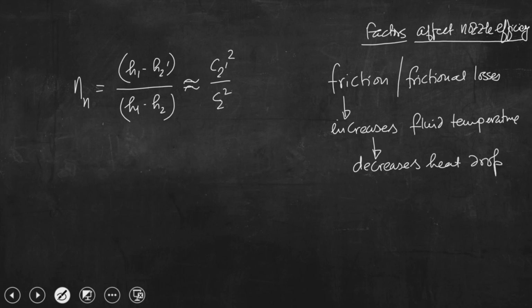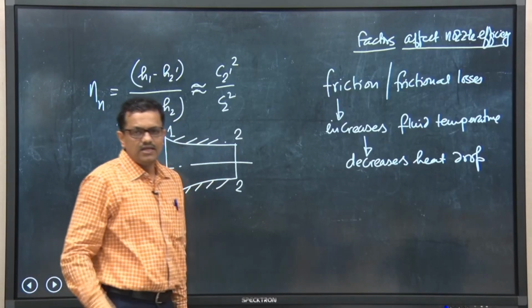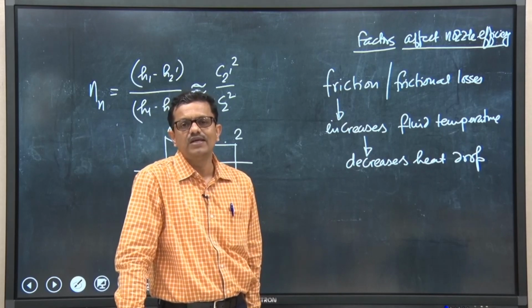This is quite trivial. If the temperature of the fluid increases, then definitely the heat drop decreases. Consider this is the confinement through which steam is flowing, this is section 2 and this is section 1, and the surface is very rough, and the nozzle surfaces are insulated. Because of the insulation provided at the outer periphery of the nozzle, there is no heat leakage.